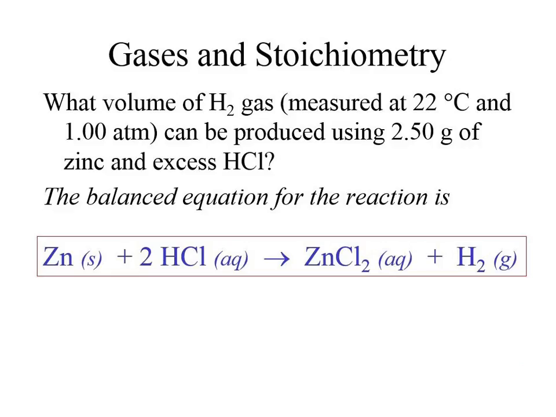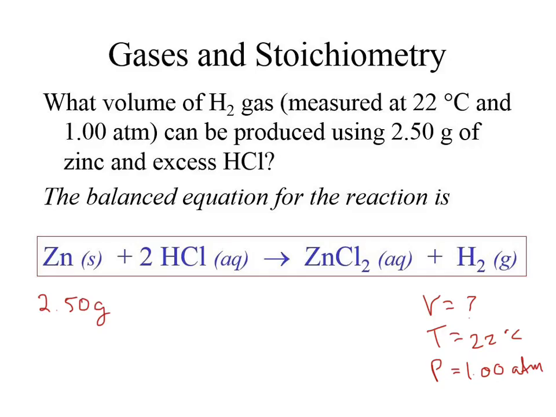My volume was right. Volume is equal to question mark. My temperature was right. My pressure was right. But what's not right is the mass. That mass goes under the zinc. I was like, that doesn't make sense. Okay, I'm feeling much better.